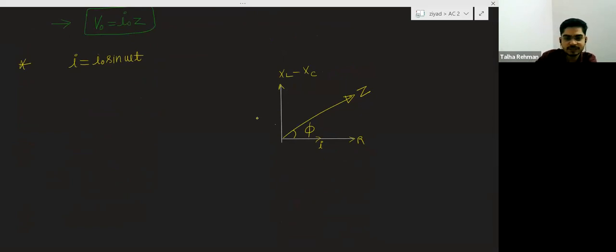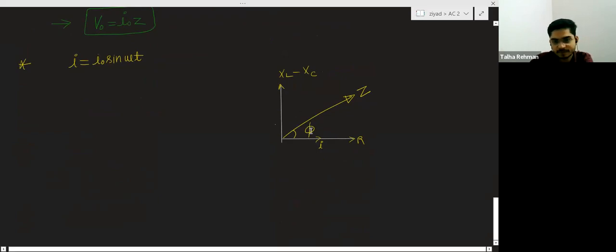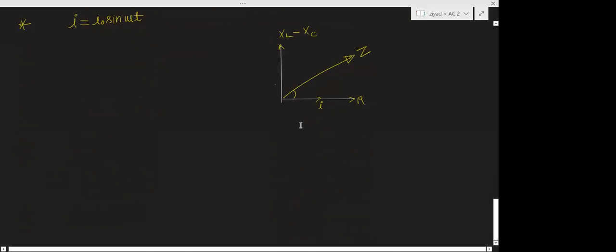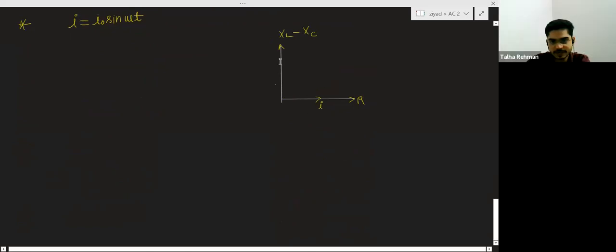what I want is tan phi from here. I want this phi. See how I will calculate phi. See this diagram.